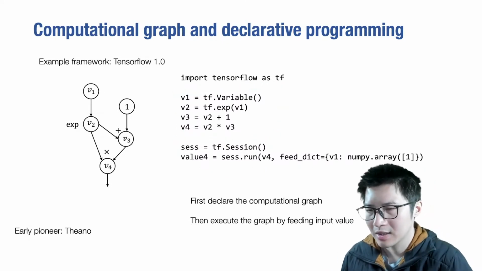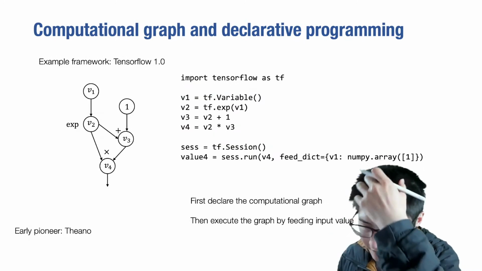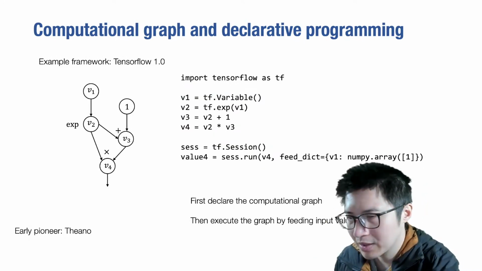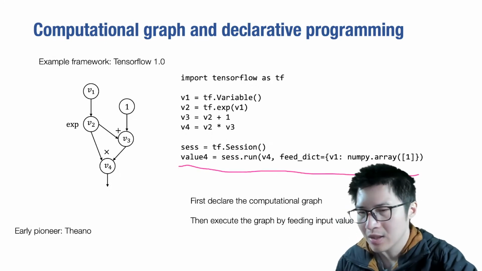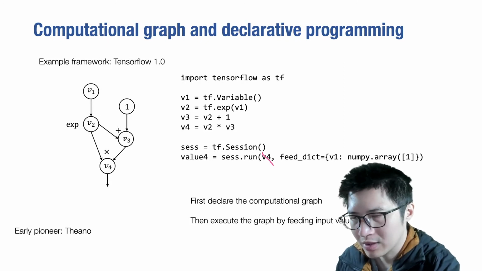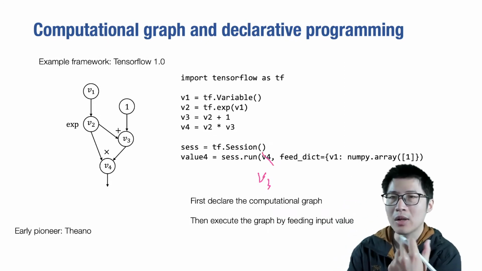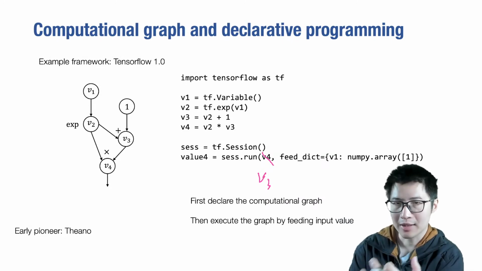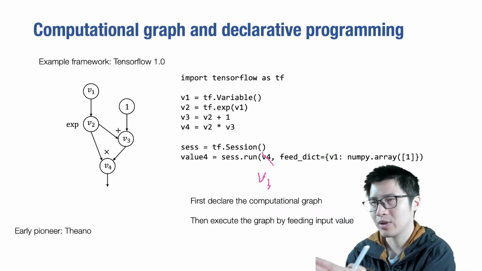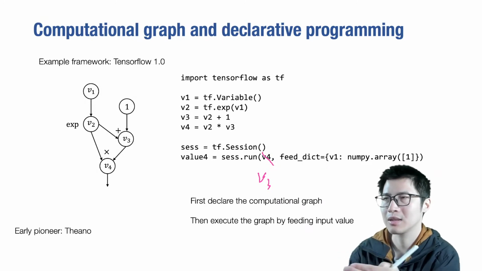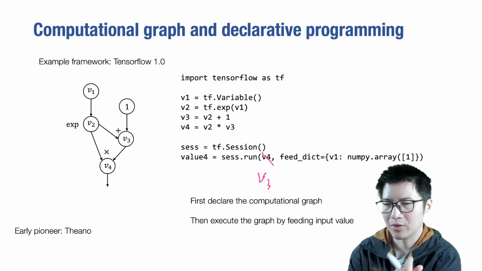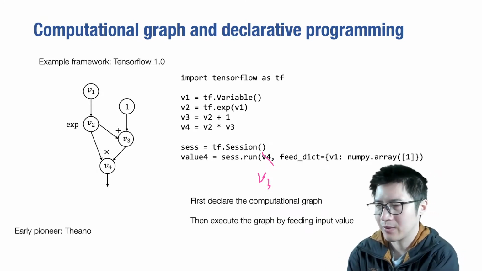So imagine that in here, let's say I declare this computational graph. Instead of saying, hey, I'm interested in getting the value of v4, what if I say that I'm not interested in v4, I'm only interested in v3? What's going to happen is that the underlying system can analyze, okay, you have a declaration that contains all the computation graphs, but you are only interested in v3 but not v4.